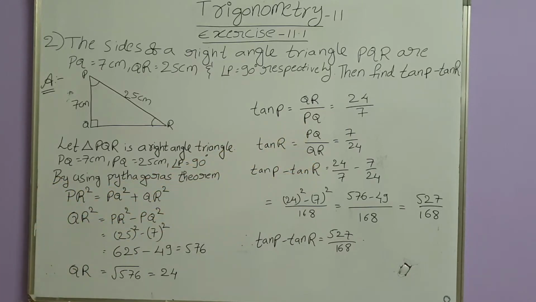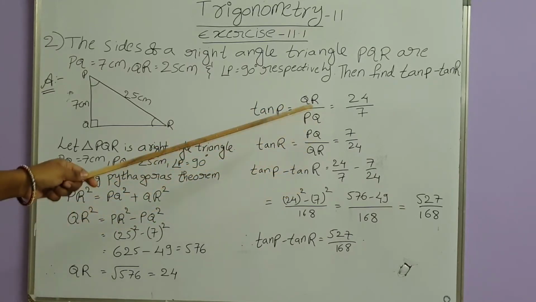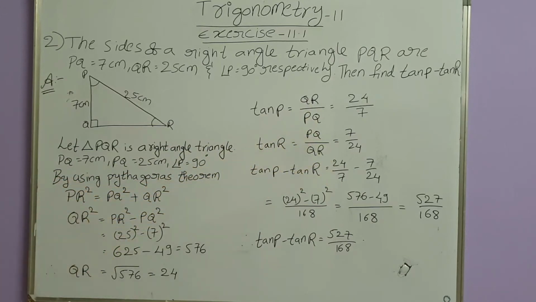Now we find tan P minus tan R. What is tan P? 24 by 7 minus 7 by 24.